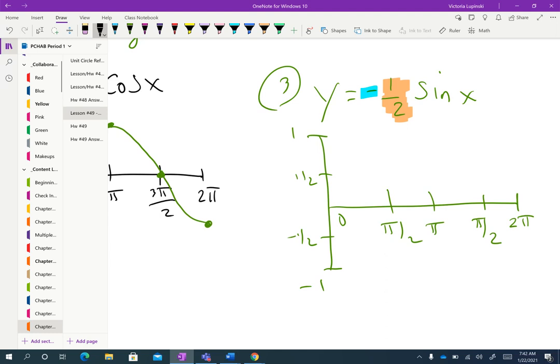So again, the sine wave normally starts at 0, 0, and anything that's at 0 is going to stay. So stay here, stay in the middle, and stay at the end. Normally, the sine wave has a maximum of +1, but because you're changing the amplitude to 1/2, and then you're reflecting it over the x-axis, you're actually going to have that point there at -1/2.